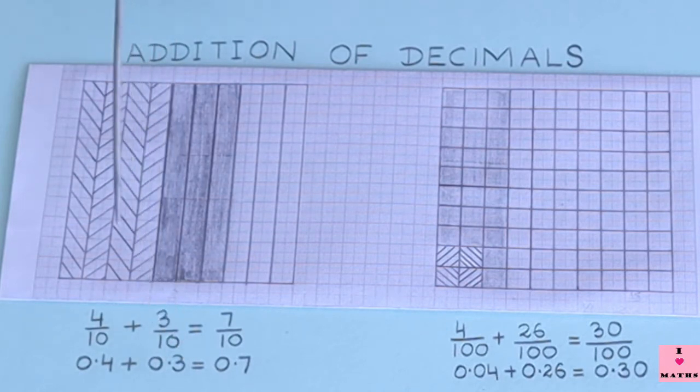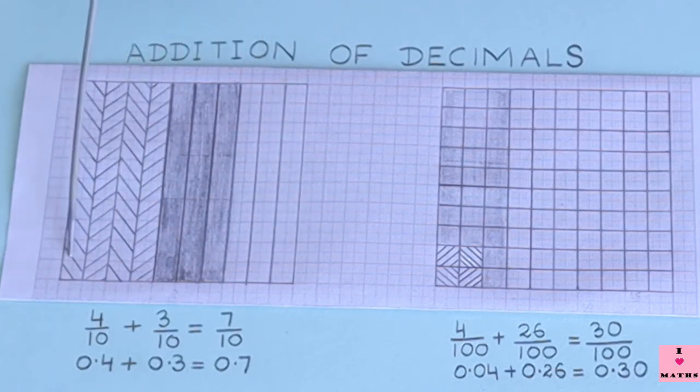Now we want to find out how much of the figure is shaded in either of the ways, in this way and this way. So we are going to add these two. So 0.4 plus 0.3 is actually 7 parts out of the 10 equal parts.